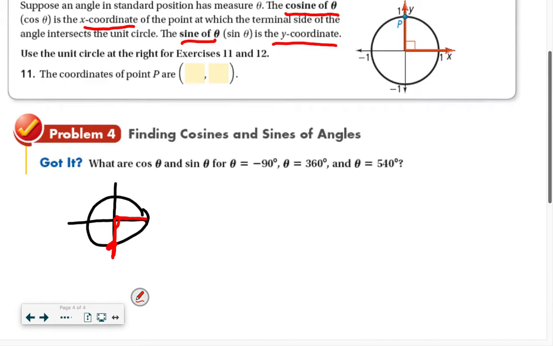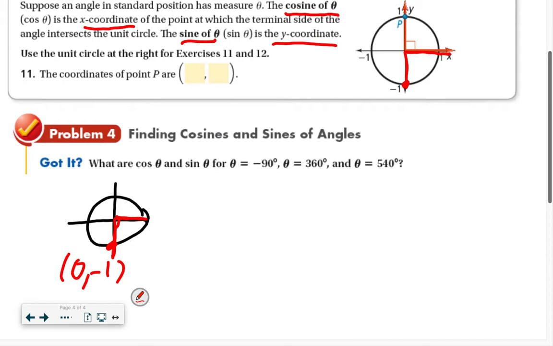What's the coordinate of that point? Not even thinking about angles, just thinking about my unit circle. If this is negative 90, what's this point right here? 0, negative 1. So I have the point 0, negative 1. I don't go anywhere in x, I go down 1 for y.